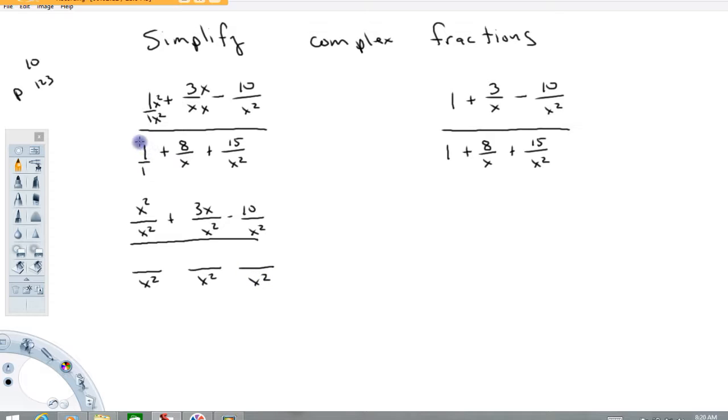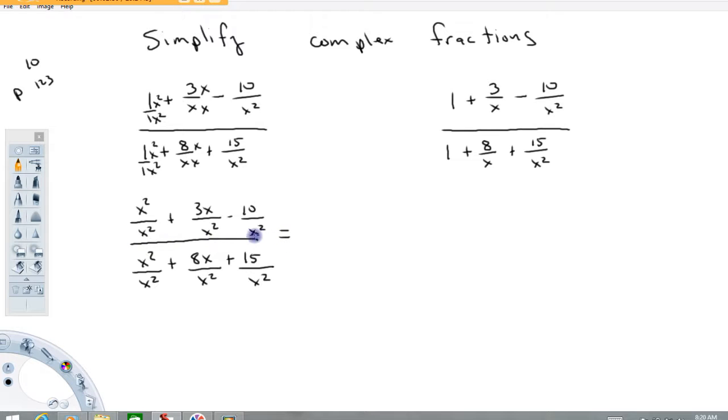To turn this into an x squared, we have to do this. So that's going to give us x squared over x squared. To turn this one into an x squared, we've got to do this. This one already is an x squared, so this one's good. Equals.